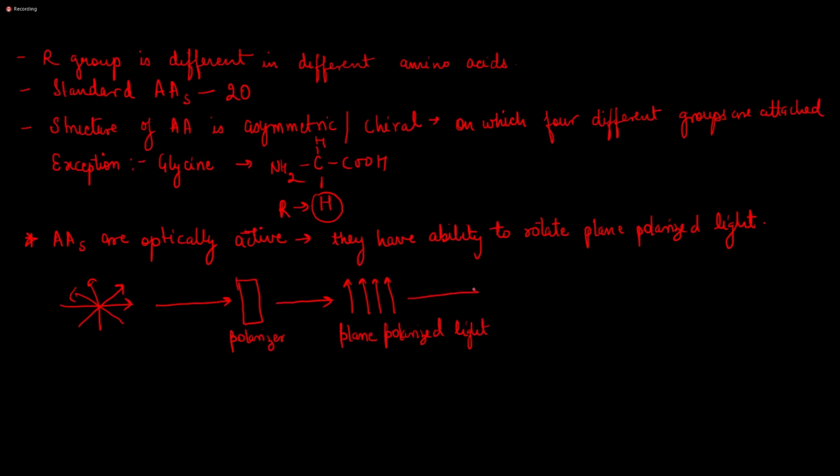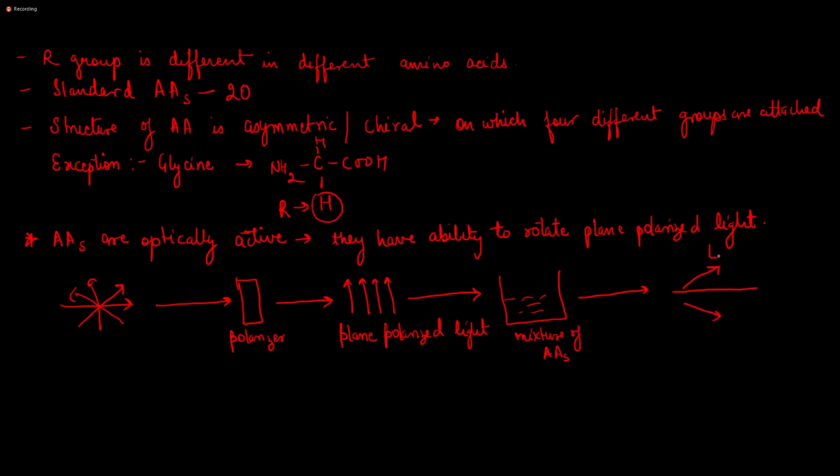Now, when this plane polarized light is passed through a solution containing chiral carbon, say a mixture of amino acids, you will see that this mixture will rotate the light either left or right.